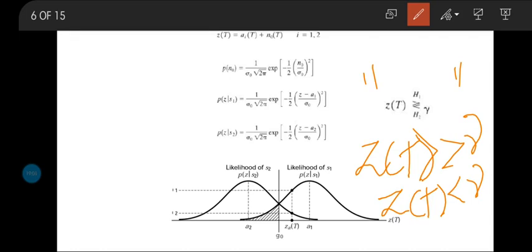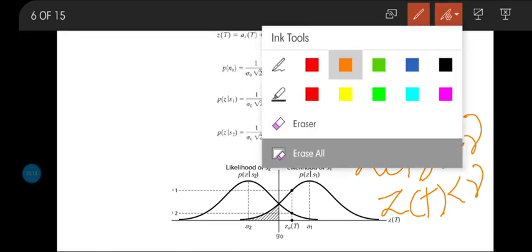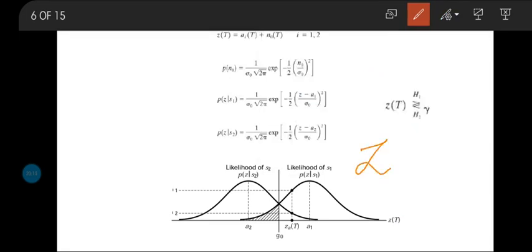Now if z of t is made equal to gamma, the decision can be an arbitrary one. Now you can see there are only two values, either it has to be greater or it has to be lesser. Now if this value of z of t is made equal to gamma, we say that the decision is now the arbitrary one.